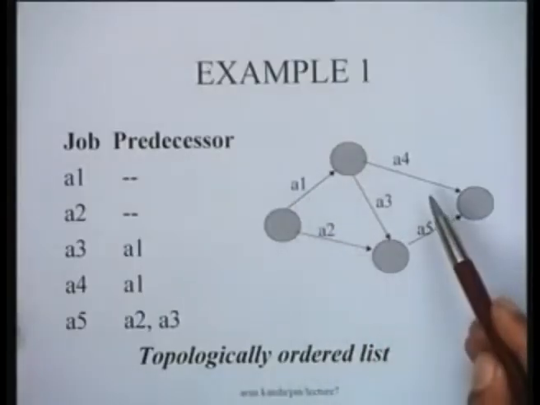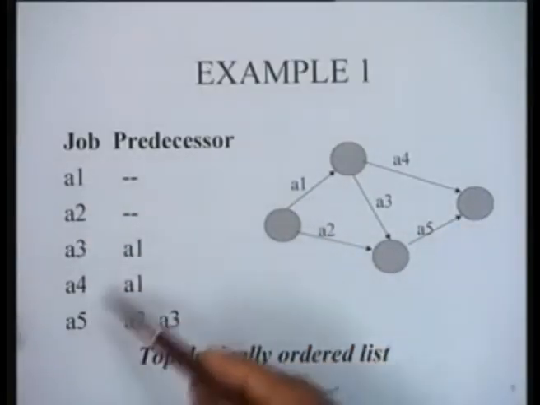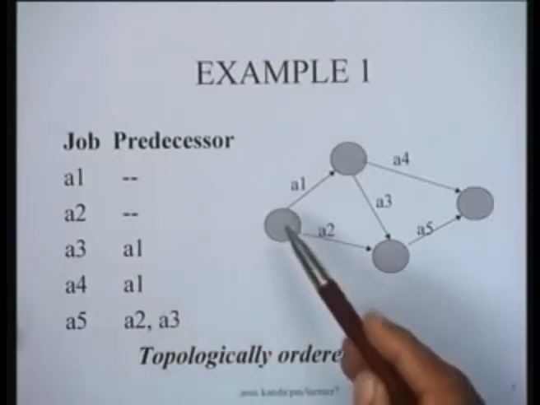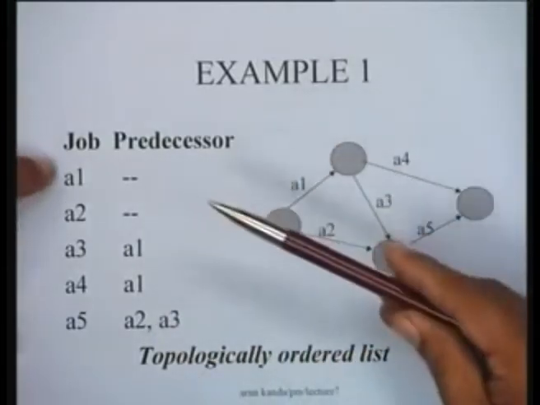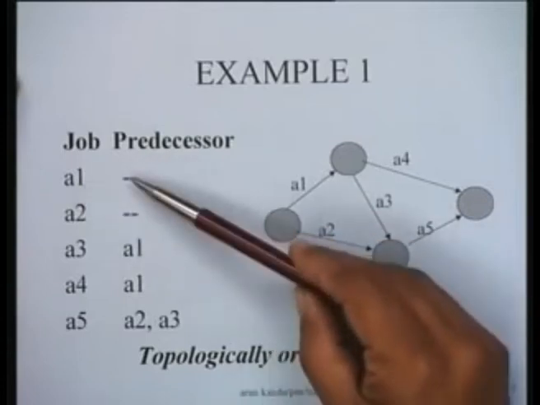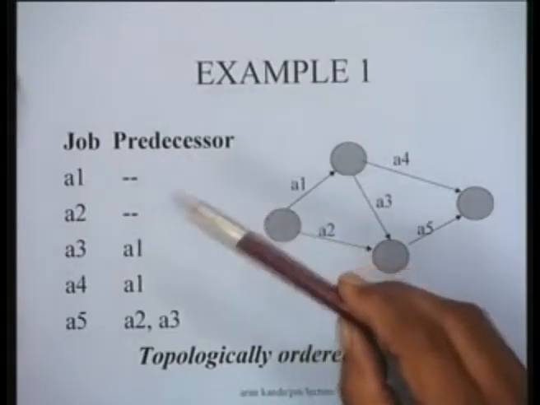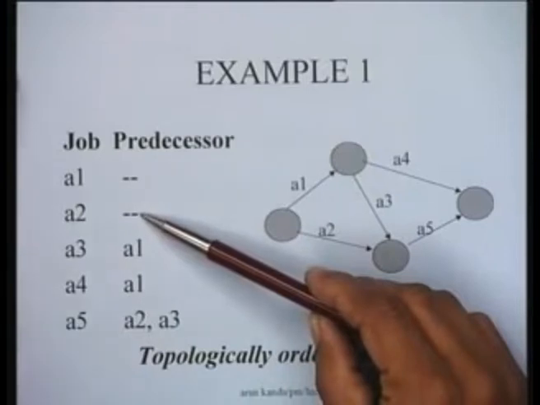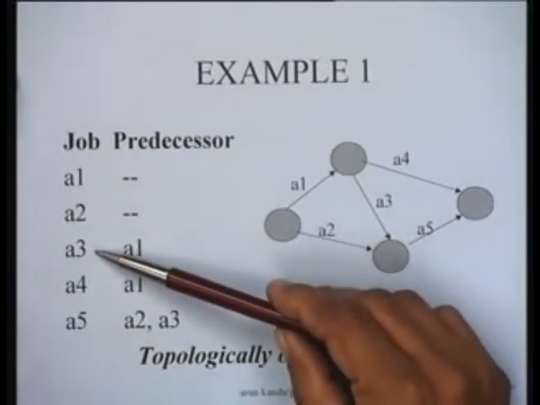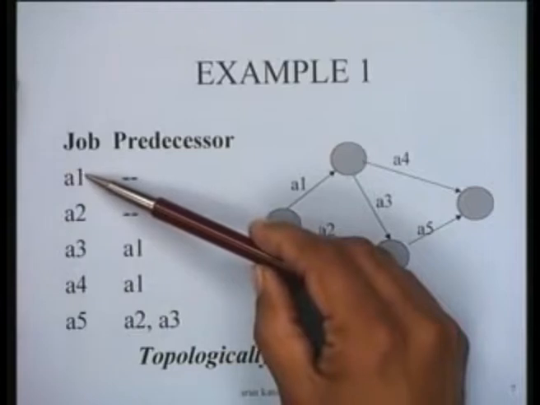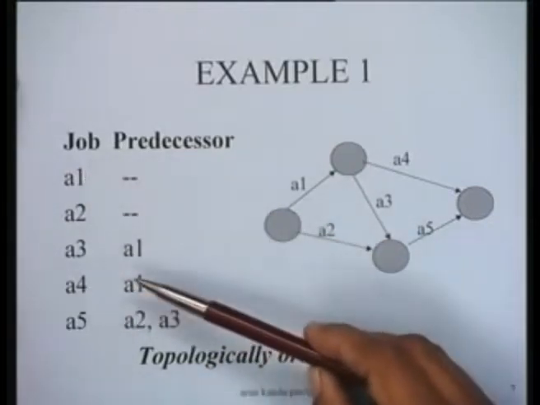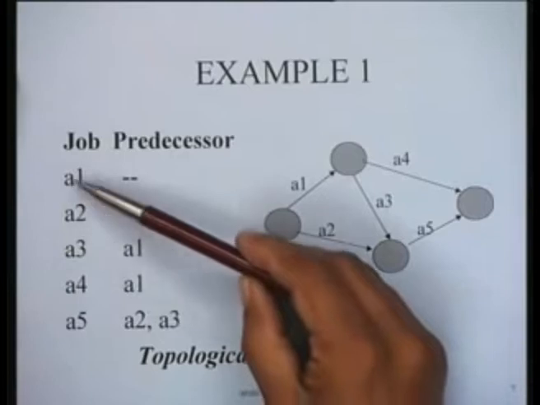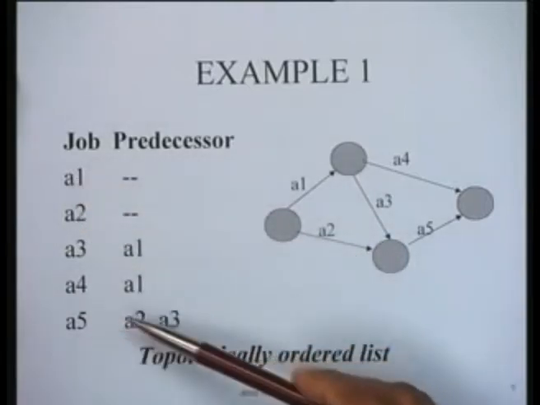Let us take a couple of examples to illustrate this procedure. Take for instance a very small example of this nature in which we are given the jobs and the predecessor list. And what you can see is that A1 is a job without any predecessors, A2 is a job without any predecessors, then A3 comes on the scene and its predecessor has already appeared on the list, A4 comes on the scene, its predecessor has already appeared on the list, and then A5 comes, so A2 and A3.